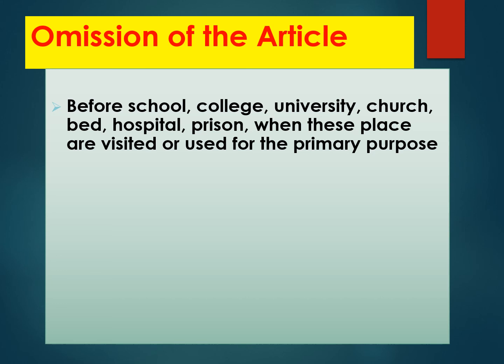When these places are visited or used for the primary purpose. What is the primary purpose of the school? Learning. When we visit for that primary purpose, we should not use any article before the noun school.